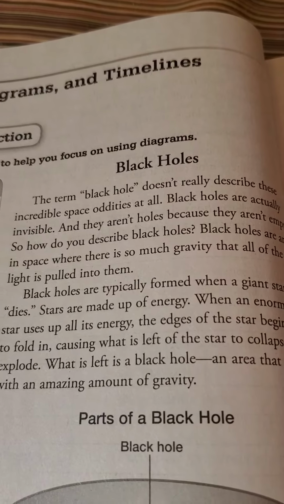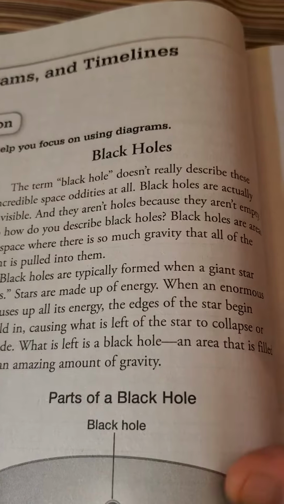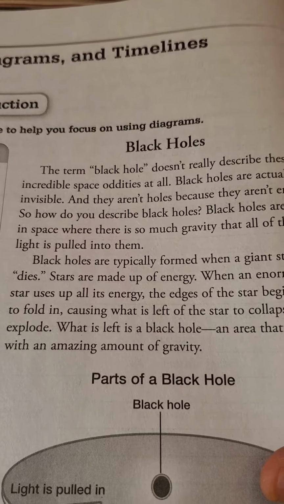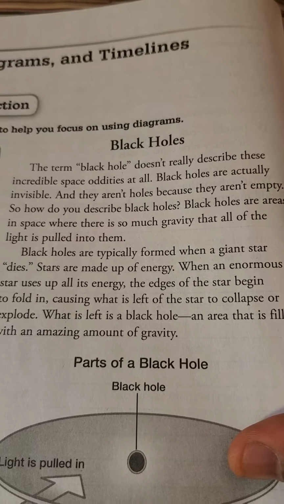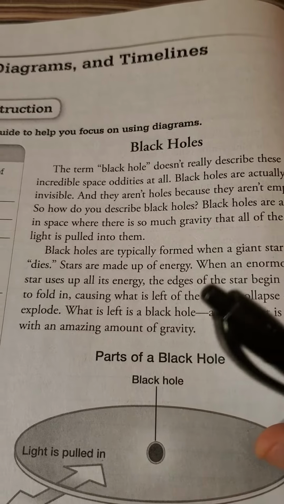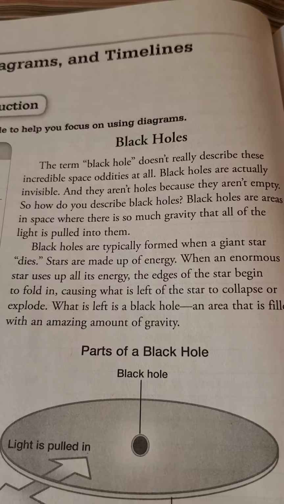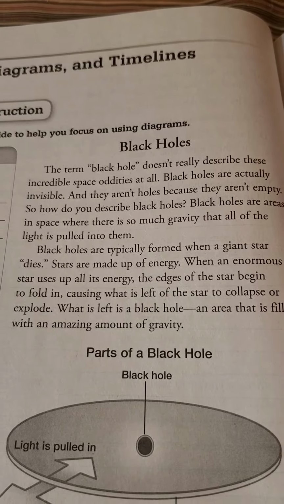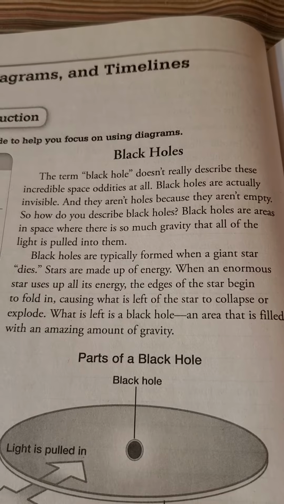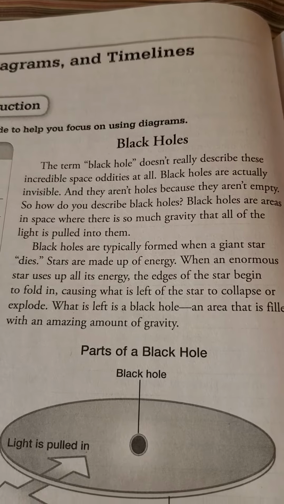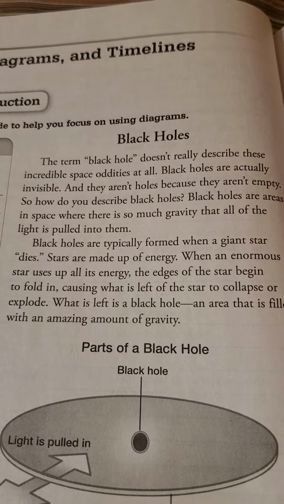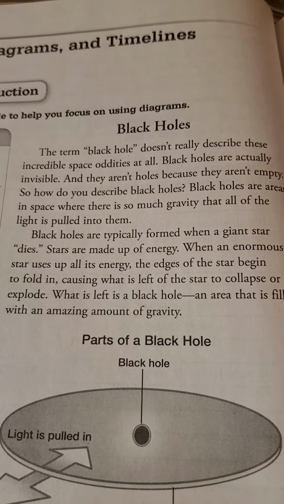Black holes. The term black hole doesn't really describe these incredible space oddities at all. Black holes are actually invisible. And they aren't holes because they aren't empty. So how do you describe black holes? Black holes are areas in space where there is so much gravity that all the light is pulled into them.